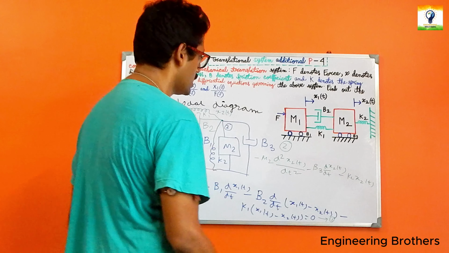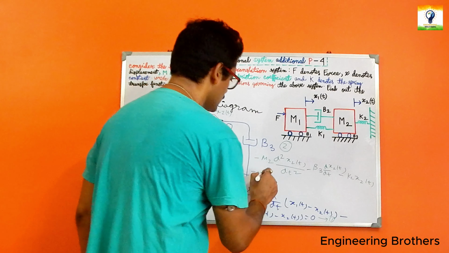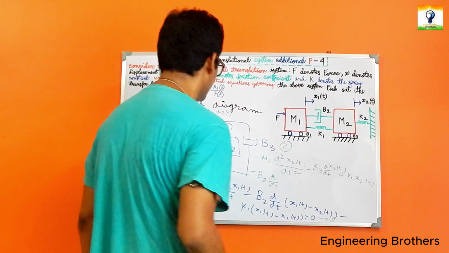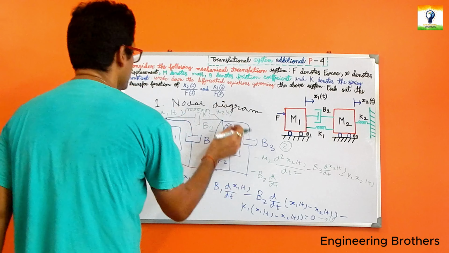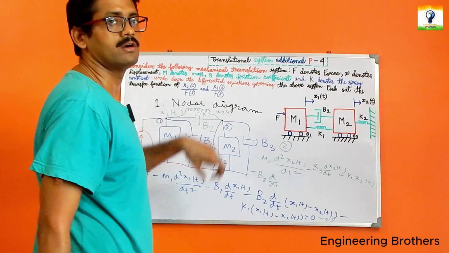So for that consideration, we have minus b2 d/dt of x2(t) minus x1(t), as we are applying the D'Alembert principle on our node 2.